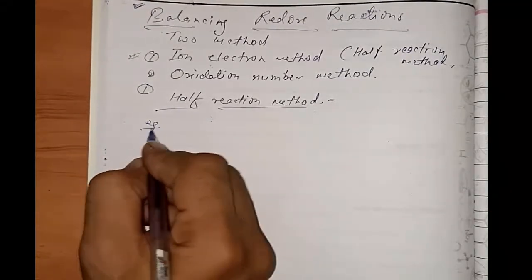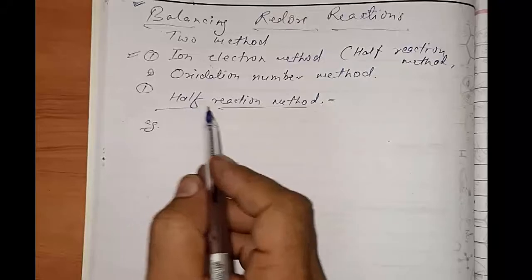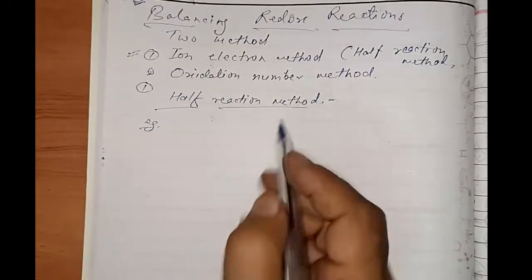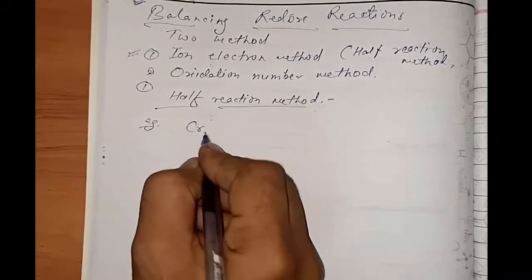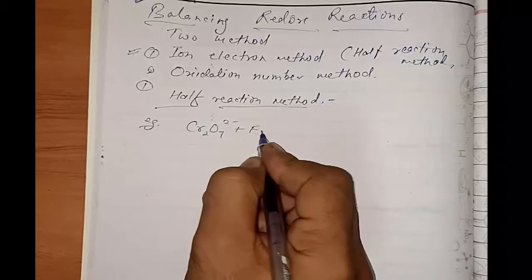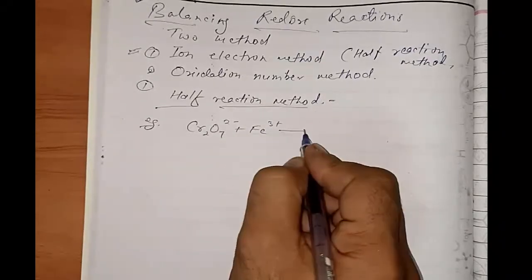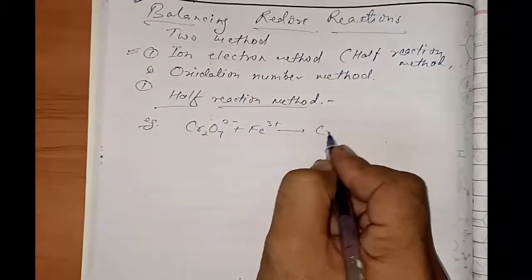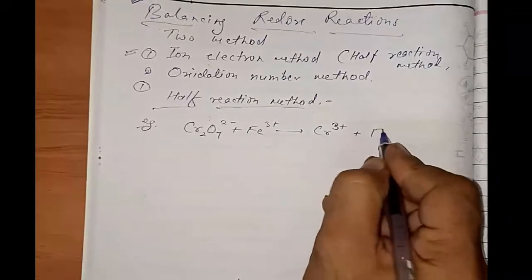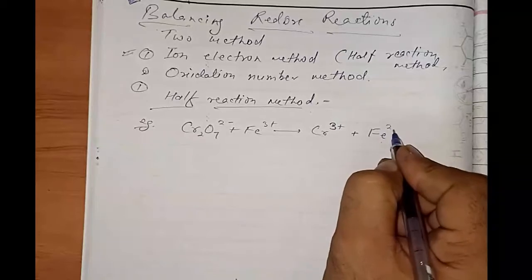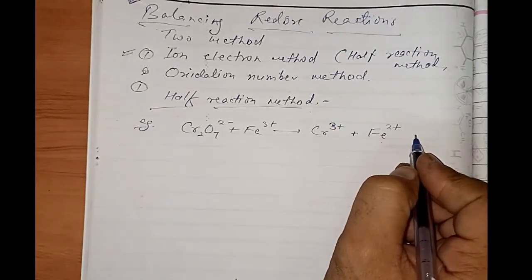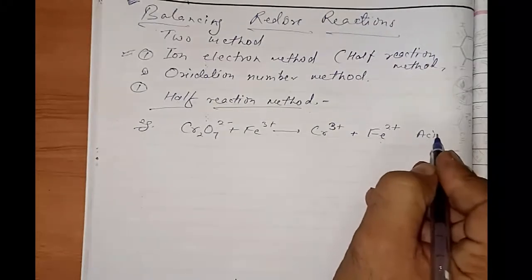I take one example and solve the reaction with the help of this method. For example, I write Cr2O7 2- + Fe2+ gives Cr3+ + Fe3+ in acidic medium.